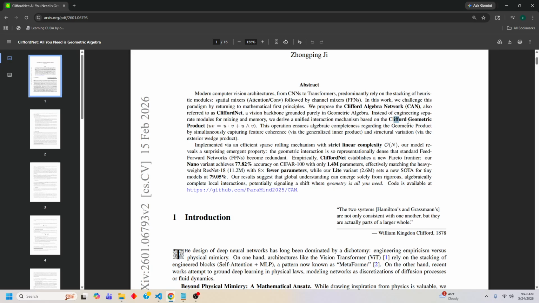The Clifford geometric product is what it's based off of, which is the inner product plus what they call an exterior wedge product. The inner product is basically when you're doing the query and key, multiplying those two together.